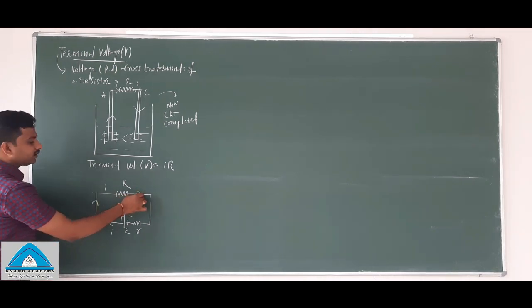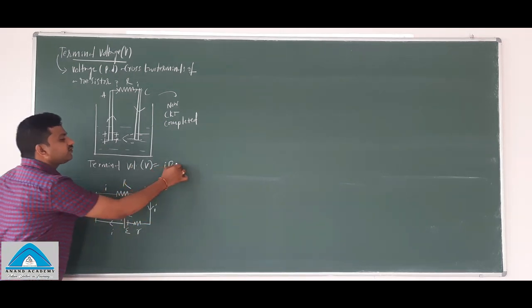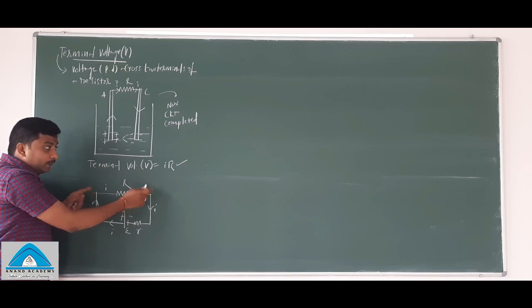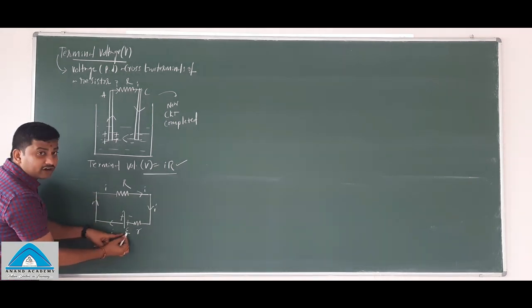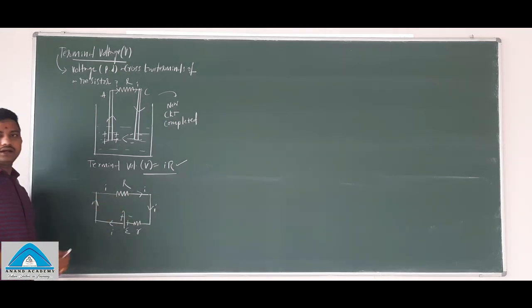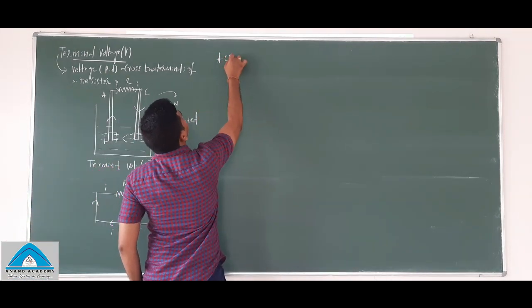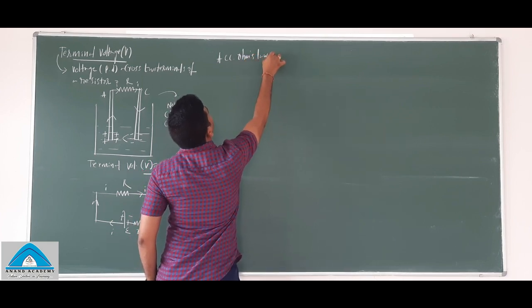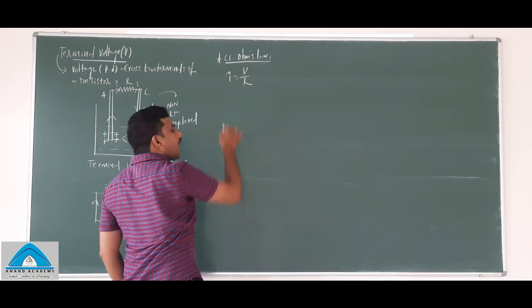The terminal voltage V is equal to IR between these. Understand? So now V is equal to IR. Let us write the same terminal voltage expression in terms of E and r. How? We know according to Ohm's law, I is equal to V by R.